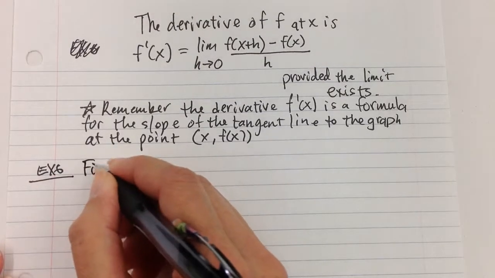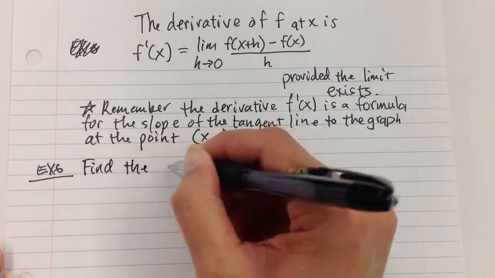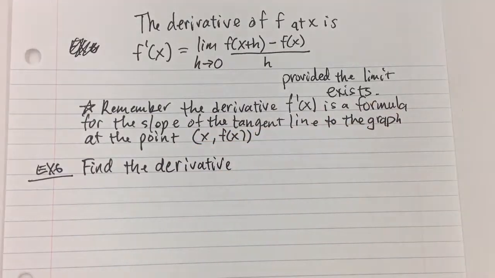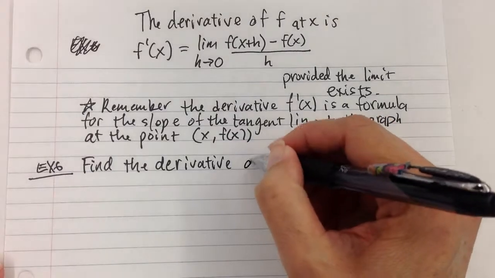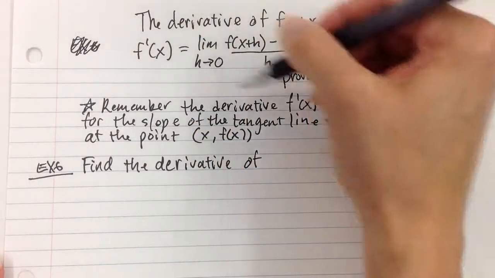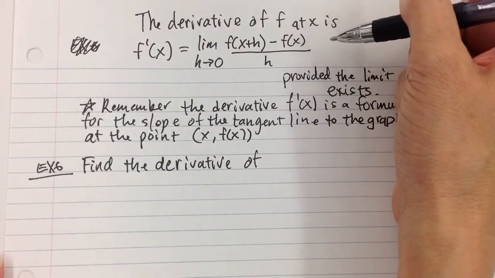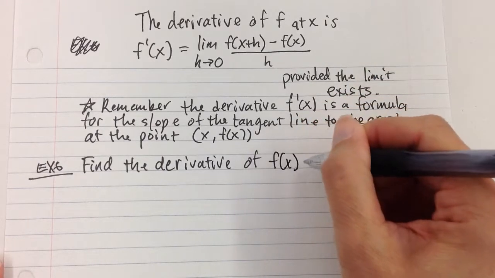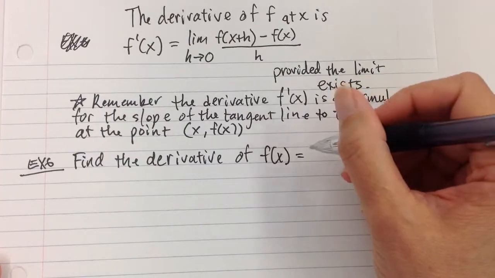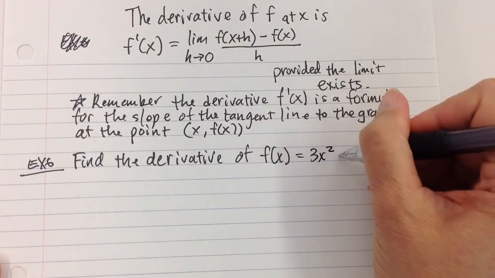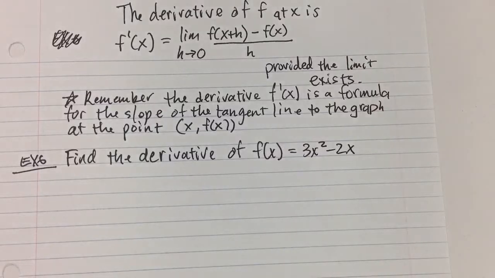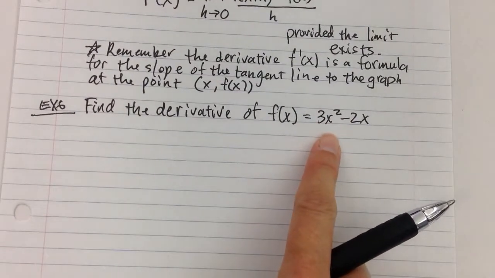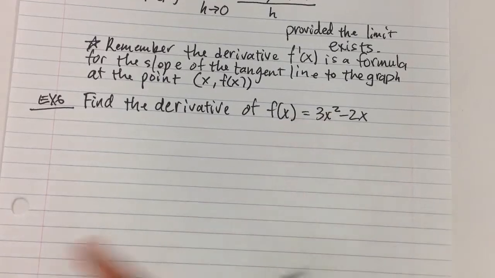It says find the derivative. Now they're going to start using that terminology, derivative. What do you do when it says find the derivative? Use the difference quotient, right? Of f of x, 3x squared minus 2x. You're finding the slope of the tangent line. Okay, let me put this in our graphing calculator to see, because we know what type of graph it is, we just don't know where it is, right? So what type of graph is this?